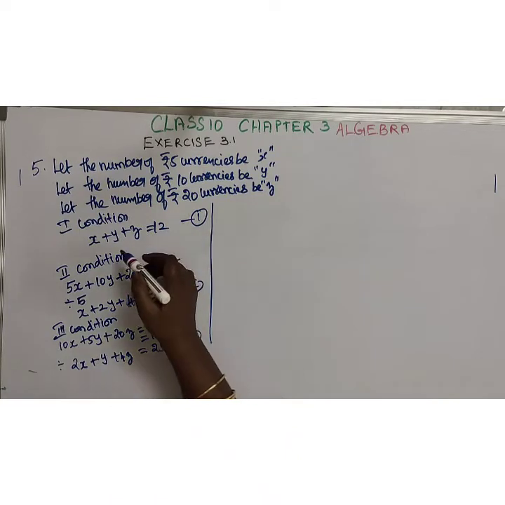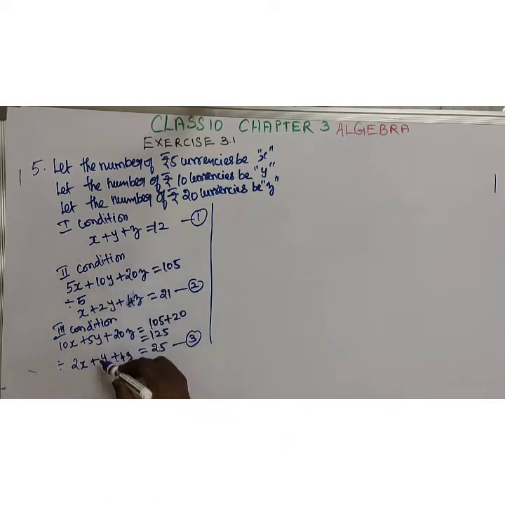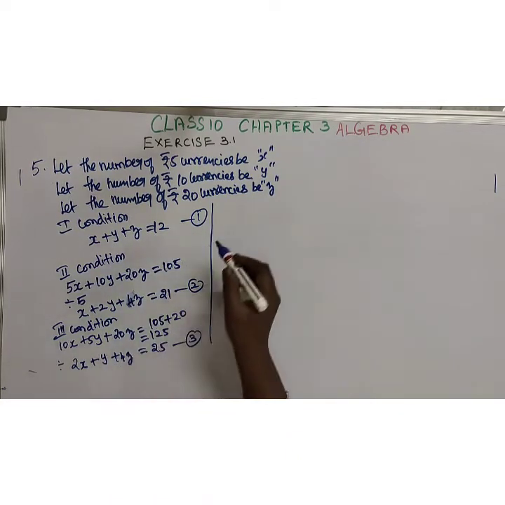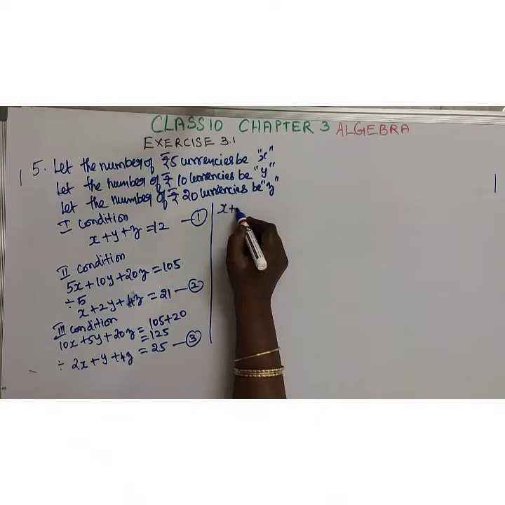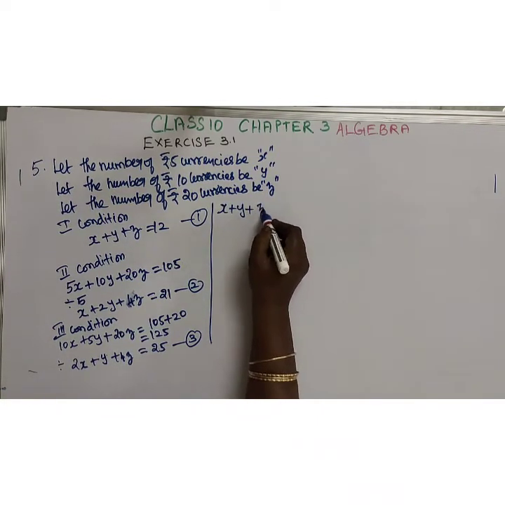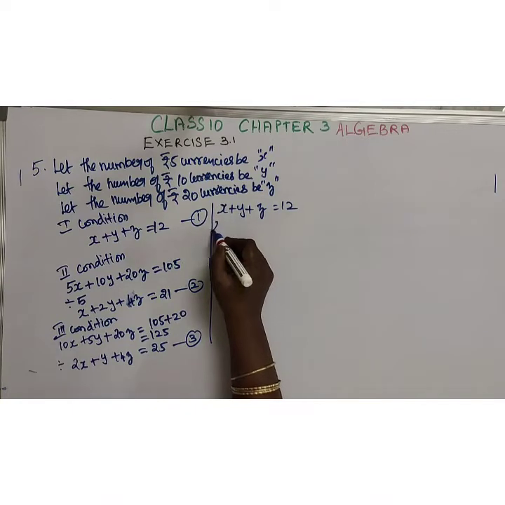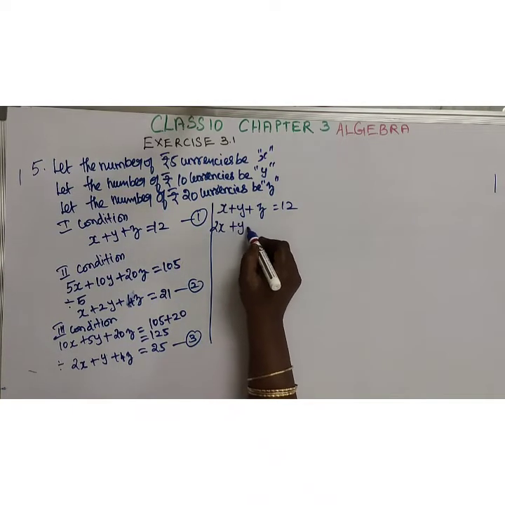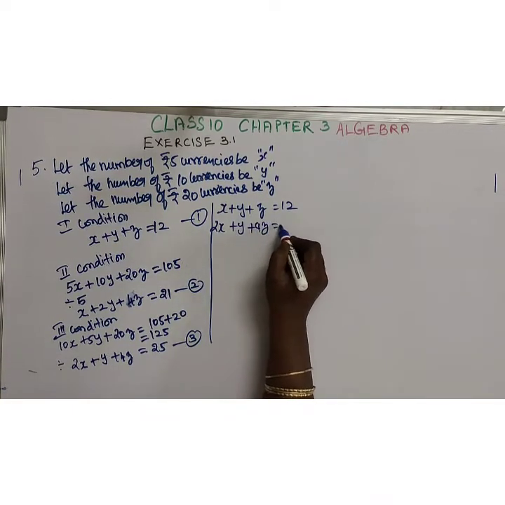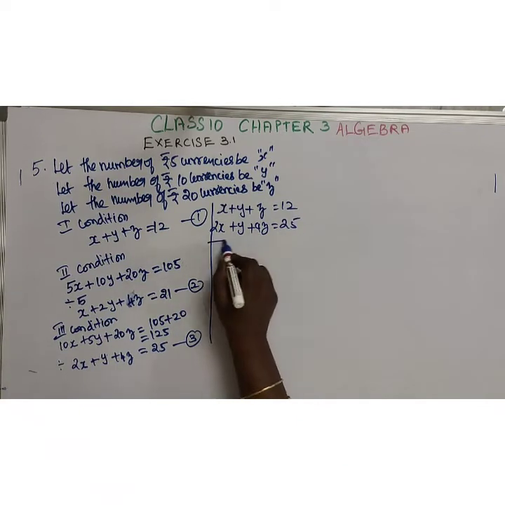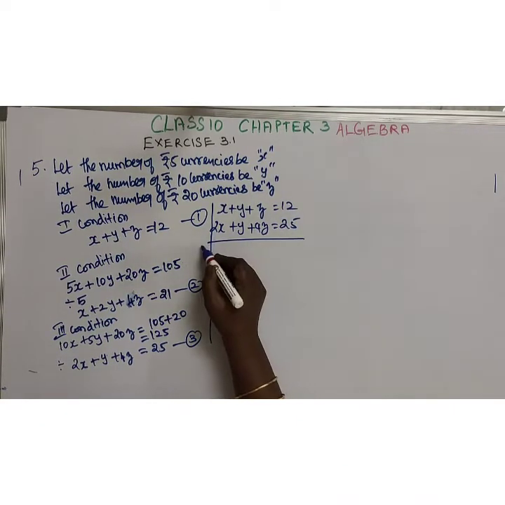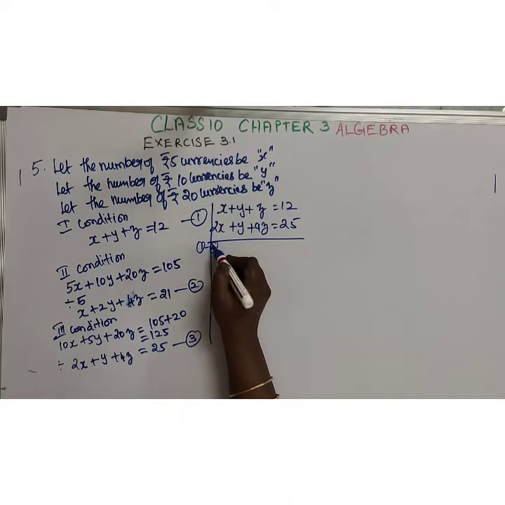Now here the coefficient of Y is plus 1, here also plus 1. Now X plus Y plus Z equal to 12, 2X plus Y plus 4Z equal to 25. Since signs are same, we have to subtract one equation from the other.